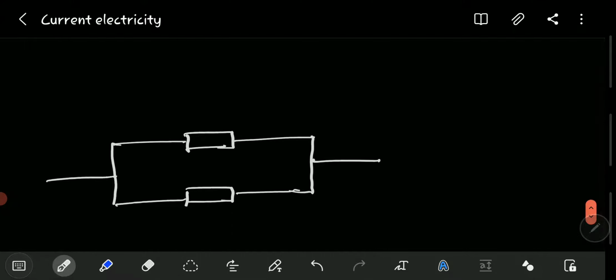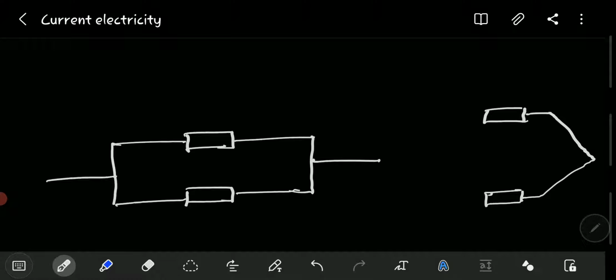This same arrangement may also be drawn like this, where this is R1, this is R2, this will be R1, and this will be R2.